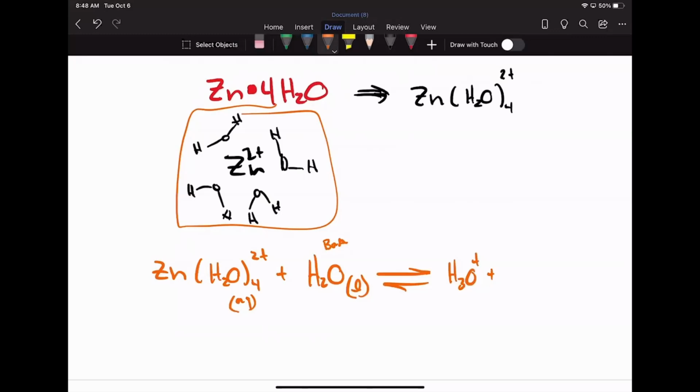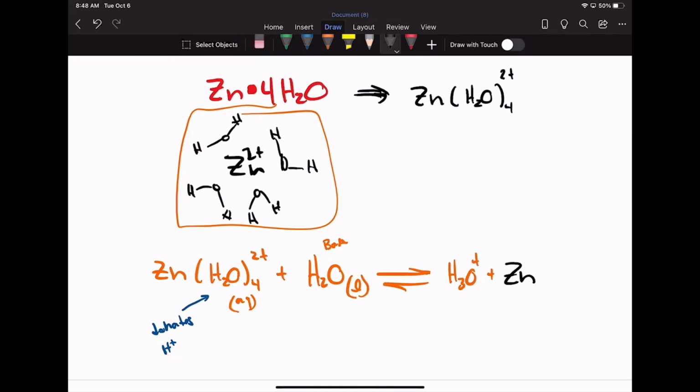Here's where this may be a little confusing: I've donated one hydrogen. Let me write it off to the side a little better. So in order to write this, we'll say, okay, we have zinc.